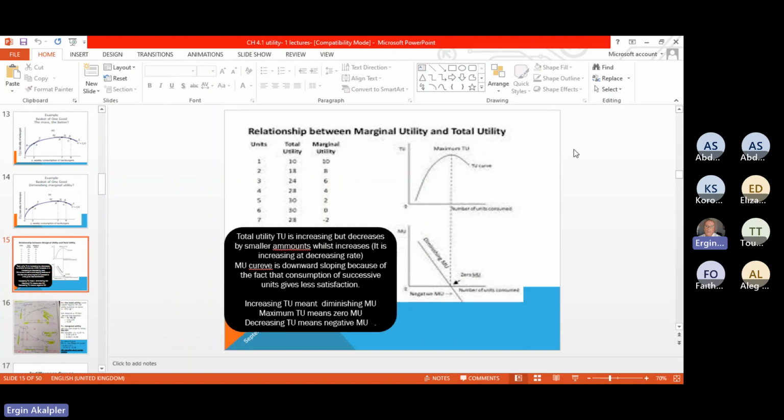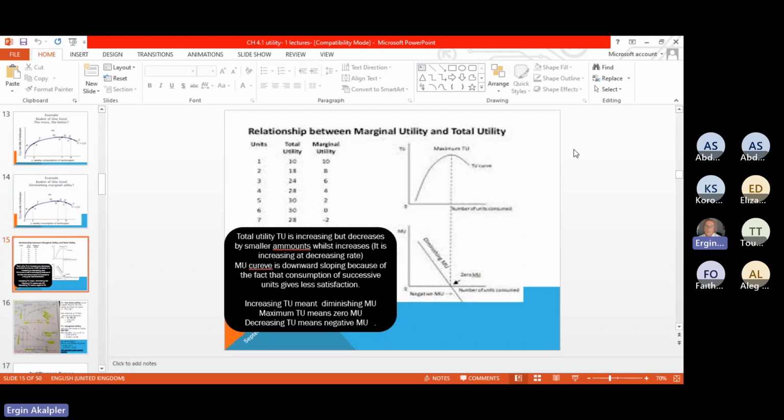Then the differentiation 18 minus 10 gives for the second unit 8. Marginal utility for the third, 24 minus 18 is 6. Then it goes like this for the fourth, 28 minus 24 gives 4.